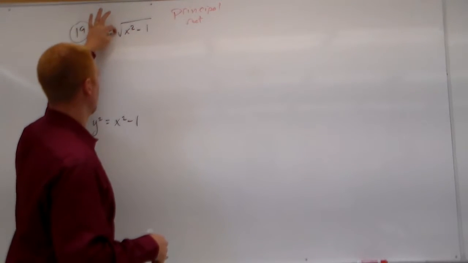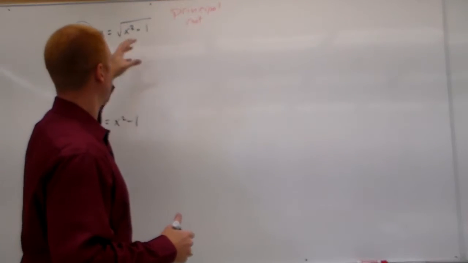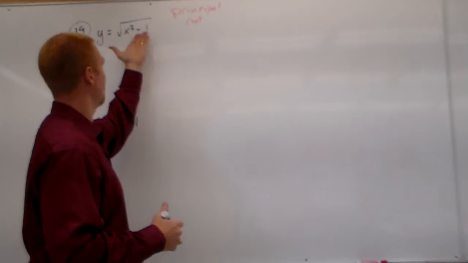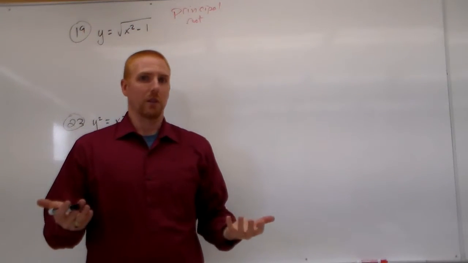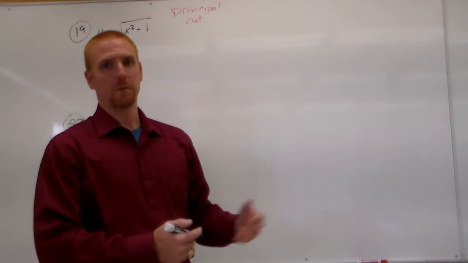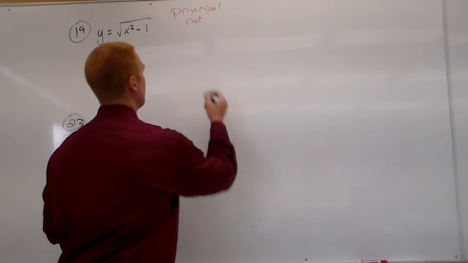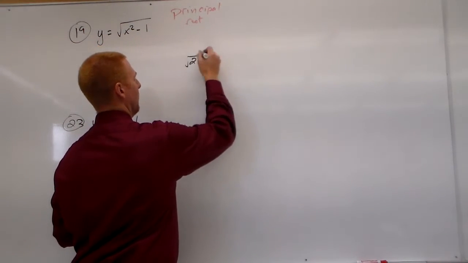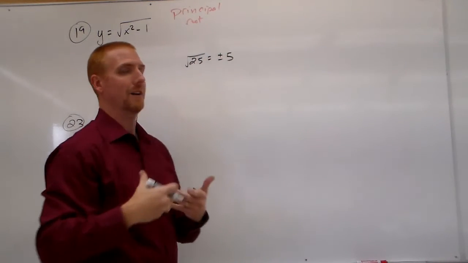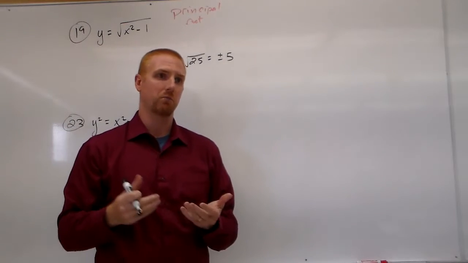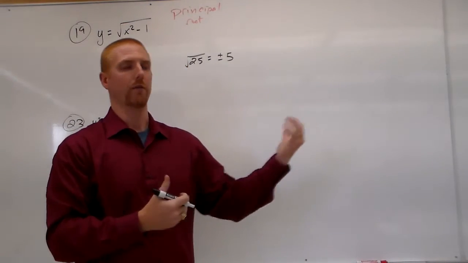Since there's an assumed plus here, as I plug numbers in for x, square and subtract 1, take a square root, I'm just going to consider the positive values I would get out. Now, just to be clear, if I took the square root of 25, my answer is plus or minus 5 because negative 5 squared is also 25.